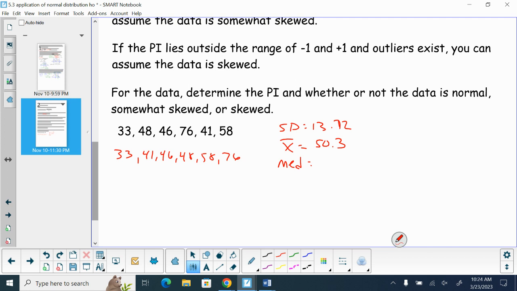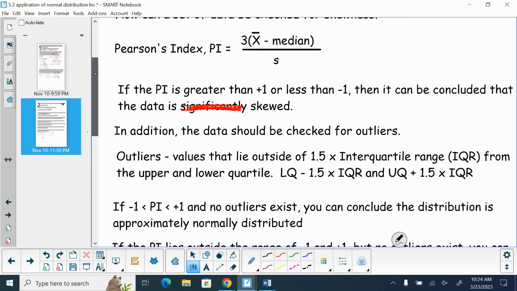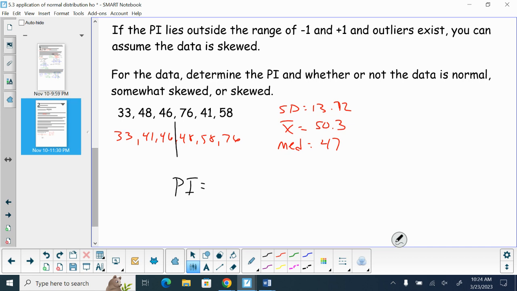What's your median? 47? 47 is our median, our middle number. So to find the Pearson index, we have 3 times the mean, 50.3, minus the median, 47, and I calculated the standard deviation to be 13.72.